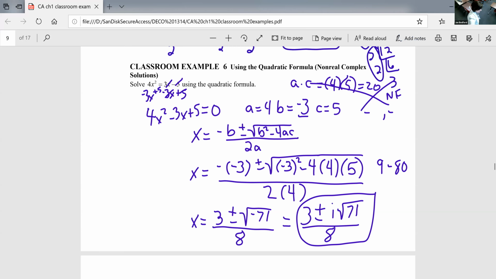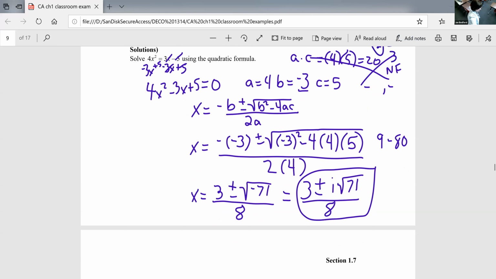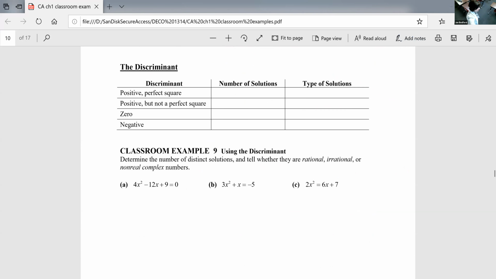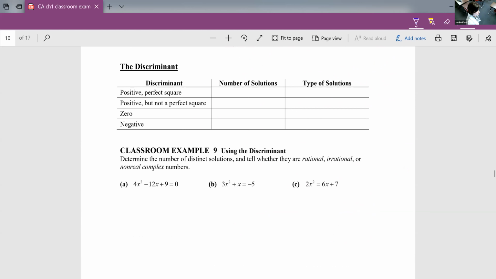All right, let's scroll to this. And we're just going to go through this quickly. I told you that the part that's underneath the square root has a special name. It's called the discriminant. What goes underneath the square root sign?